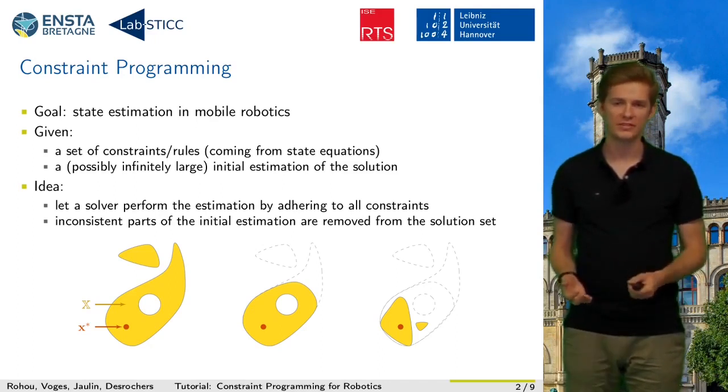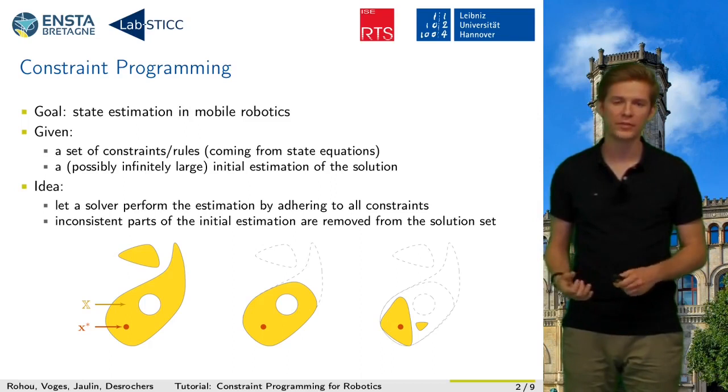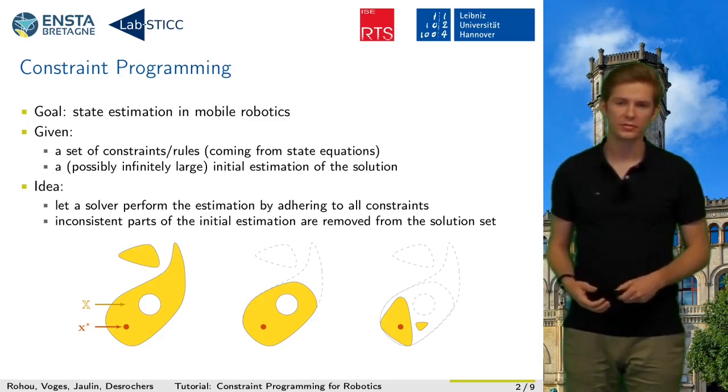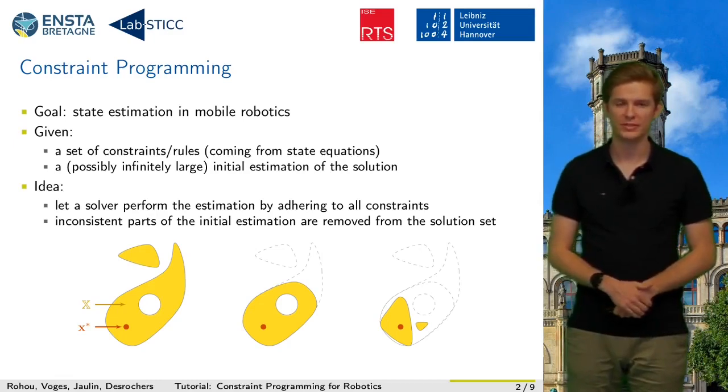So given the set of constraints and the initial estimation of the solution, we aim to remove inconsistent parts of the solution until we arrive at a fixed point and can no longer remove parts of the solution space.